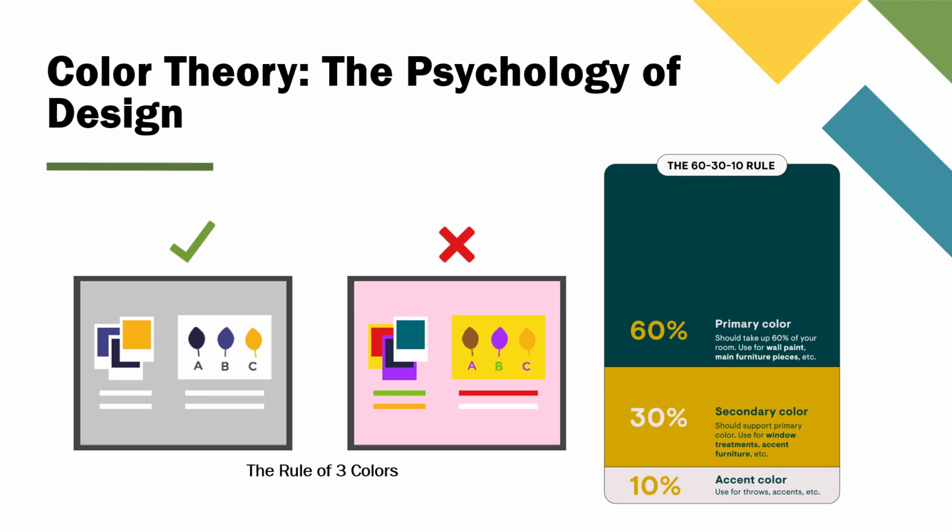Your secondary color, that 30%, is your complementary color for contrast and emphasis, like your headers or your menus. And then that accent color, the 10%, that third color, is your highlight color for more important elements like buttons and call to actions.